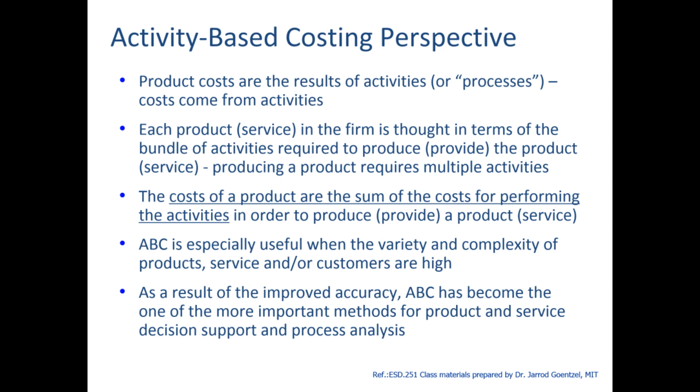When dealing with complexity, I would argue that more detail will provide more accuracy, which will enable better decisions. As a result of this improved accuracy available using ABC, activity-based costing has become one of the more important methods for getting accurate information to support business leaders in their product and service decisions.